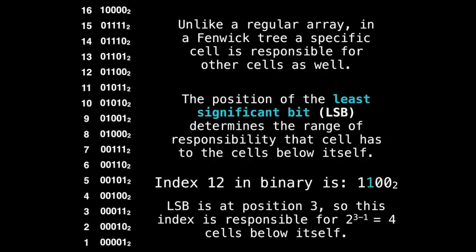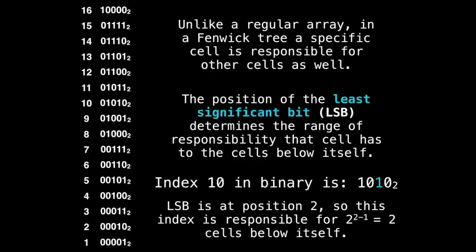So the least significant bit is that rightmost set bit, which is at position 3 in the binary representation. So that index is responsible for 2 to the power of the position minus 1, so 4 cells below itself.